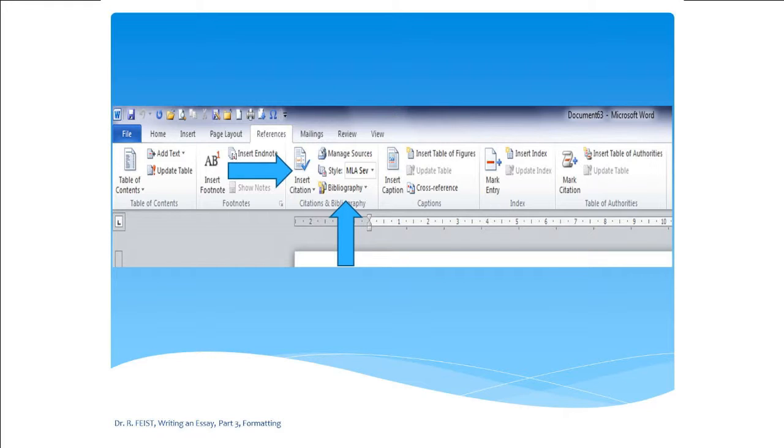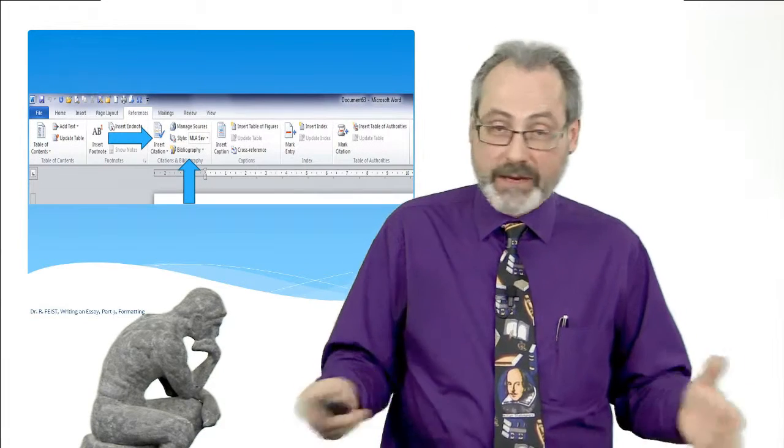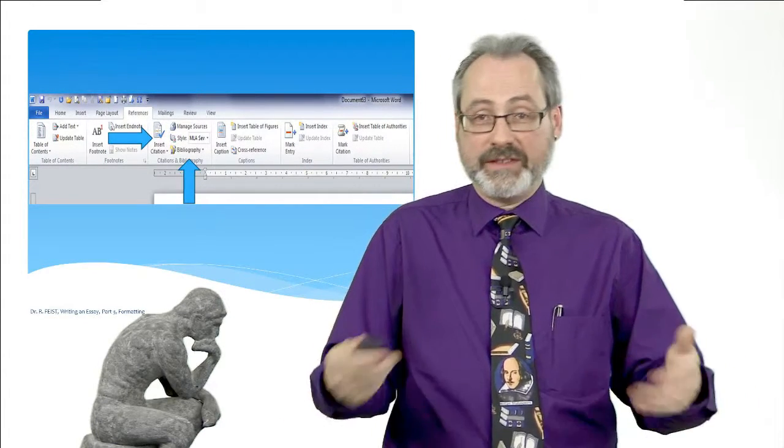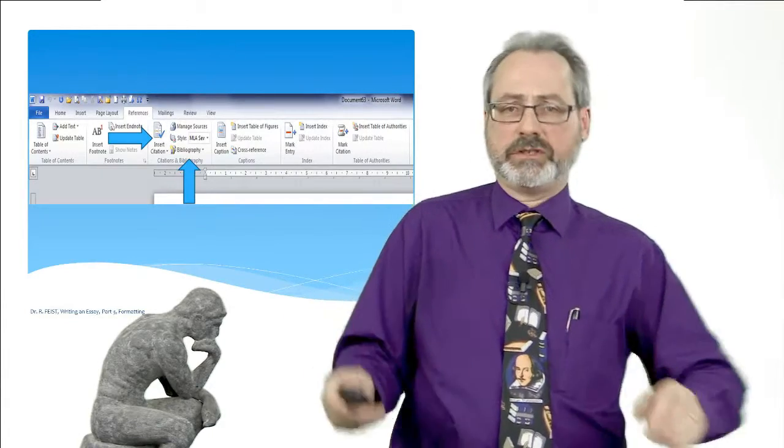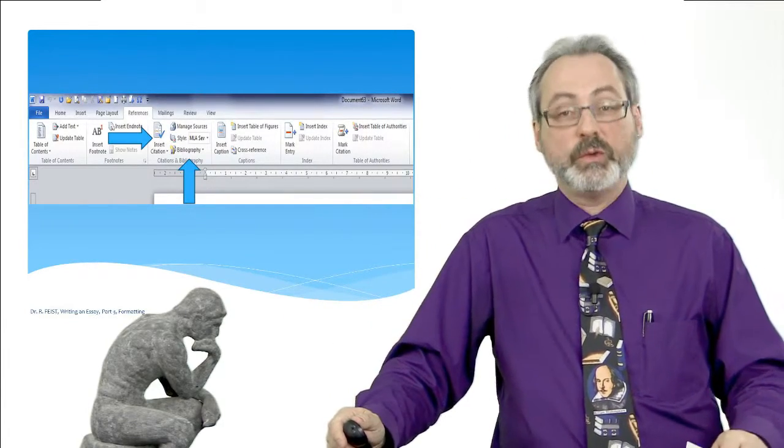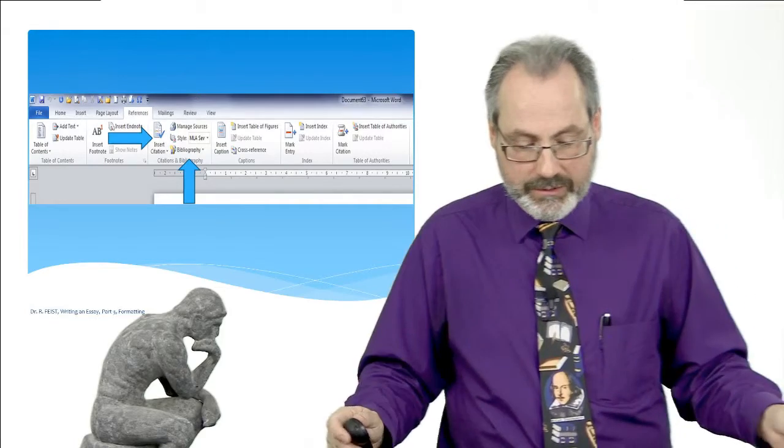And once you click on the works cited bibliography, the computer will insert your entire bibliography in the correct MLA formatting at the end of your essay. And that's it. You don't have to spend the time entering all the stuff all over again and trying to make sure it's all properly spaced. The computer will do it for you in the MLA formatting.